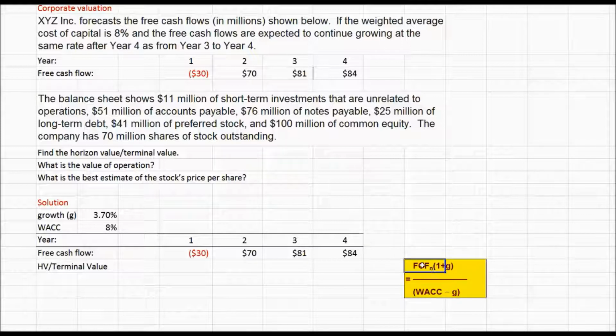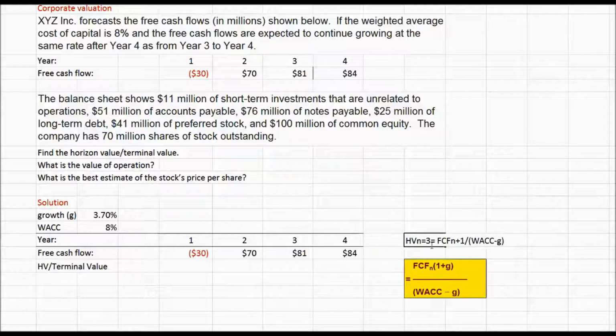What does this number mean? CF n times 1 plus g means the horizon value at time n, where n equals 3, equals the free cash flow at time n plus 1, divided by WACC minus the growth rate.